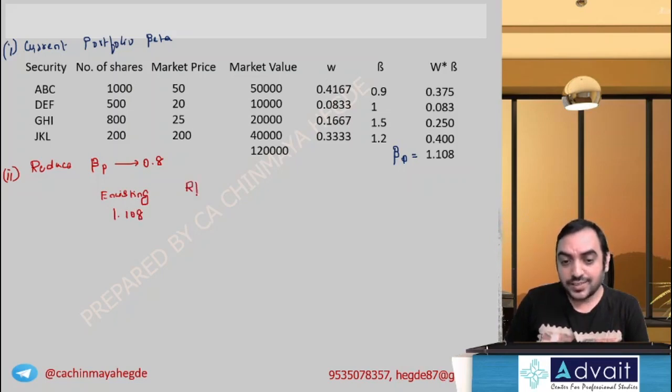You add risk-free investments, which is going to be 0 beta. The revised portfolio beta, our target portfolio beta, is 0.8.